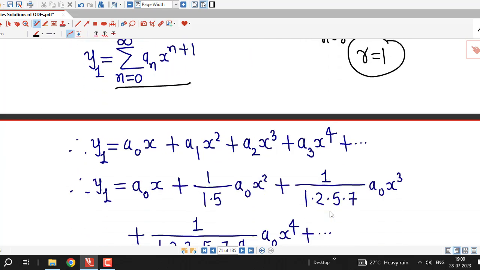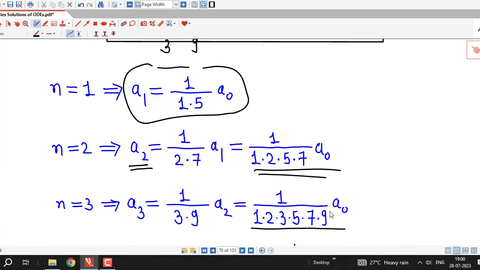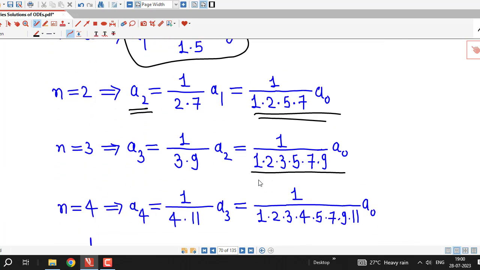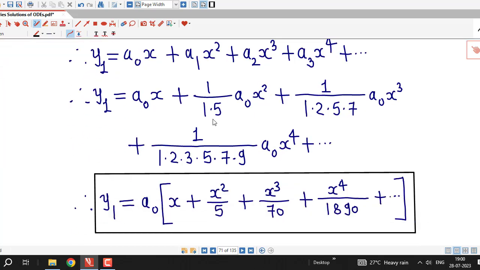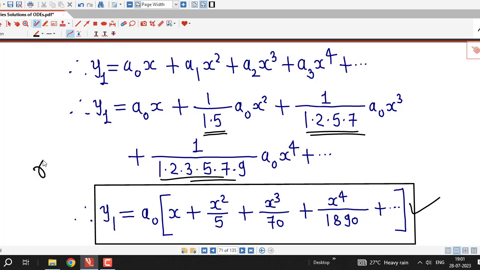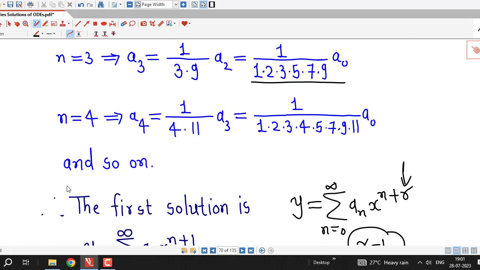Then I have put these constants a1, a2, a3, a4 in this solution, and then I have simplified. I have taken the product of all these quantities and I derive this series solution: y1 equal to a0 times x plus x square by 5 plus x cube by 70 plus x raised to 4 by 1890. This is the solution corresponding to the first root, that is r equal to 1, of the indicial equation.